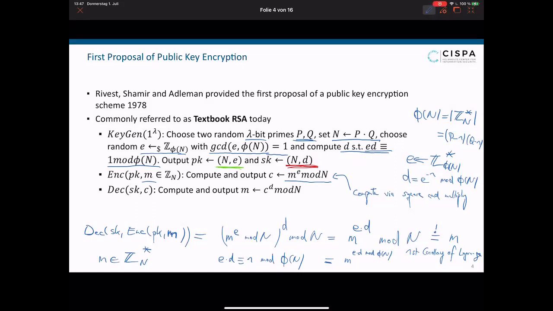But the order of Zn star is exactly phi of n. So that's the reason why we're allowed to do this. And then we see that d is the inverse of e. But okay, I'm going to stop here for now.